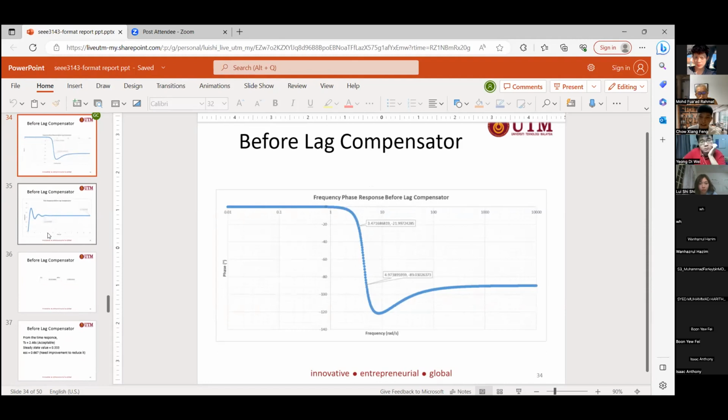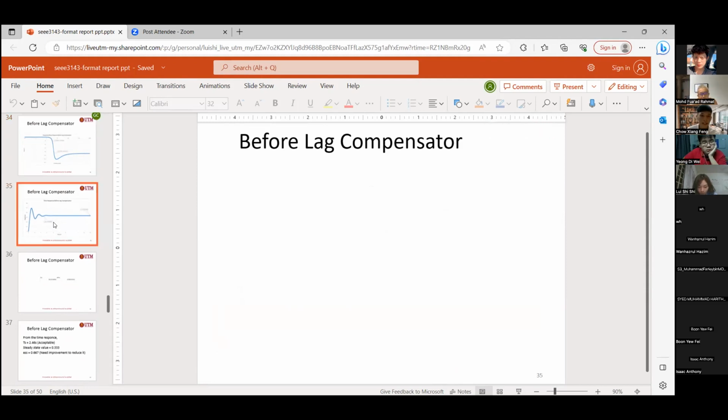Basically, there are two phase margins. Based on our research, we should use the closer one, which means we choose the phase shift value closer to negative 180.